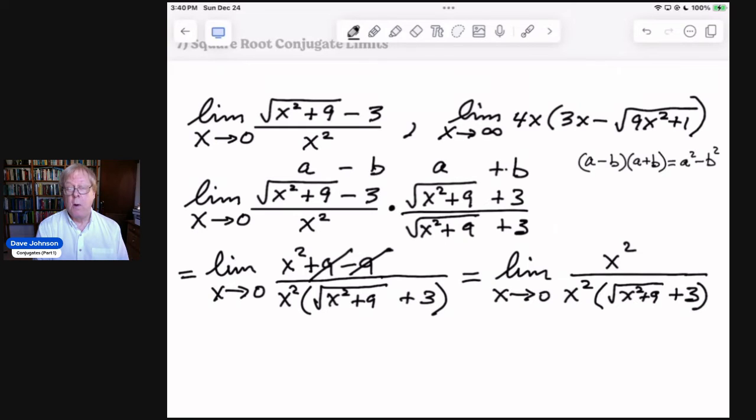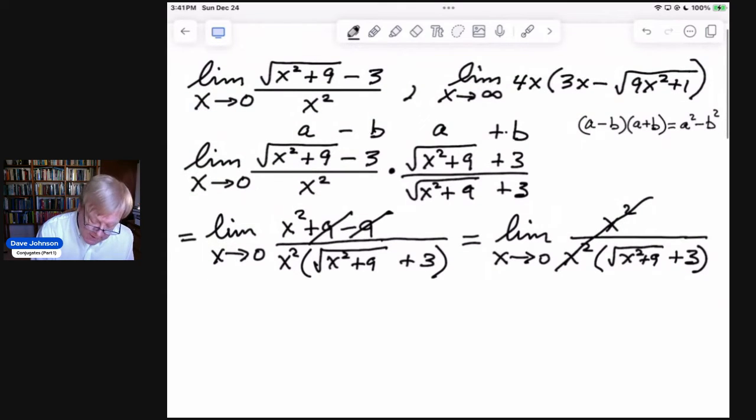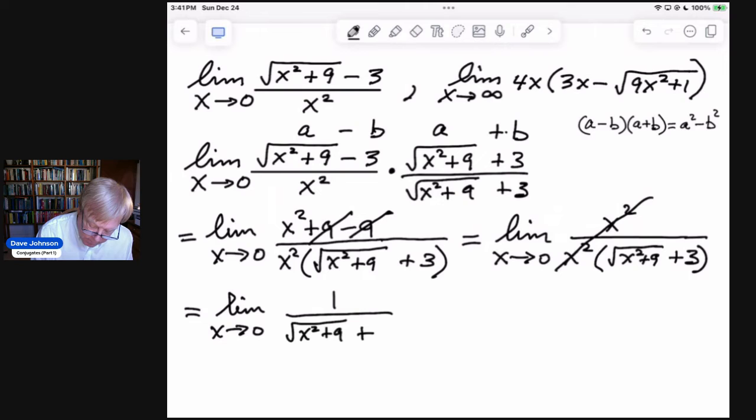If you plug 0 in for x, you get a 0 upstairs, and you obviously get a 0 downstairs. But what's nice about this is now I can cancel the x squareds. And so we get limit as x goes to 0 of 1 divided by the square root of x squared plus 9 plus 3.